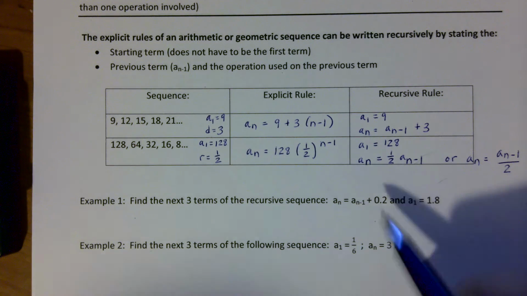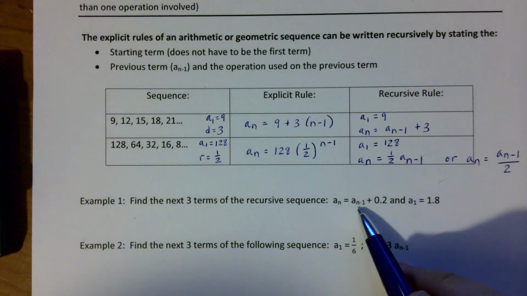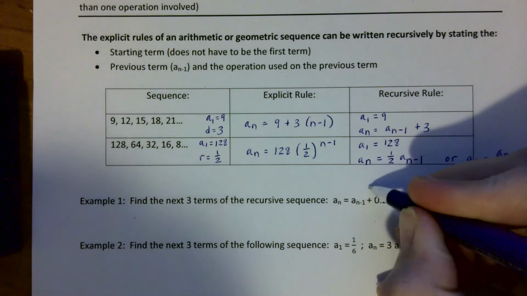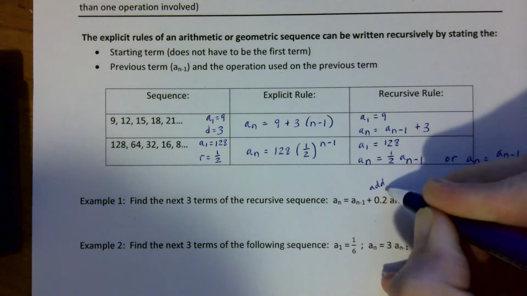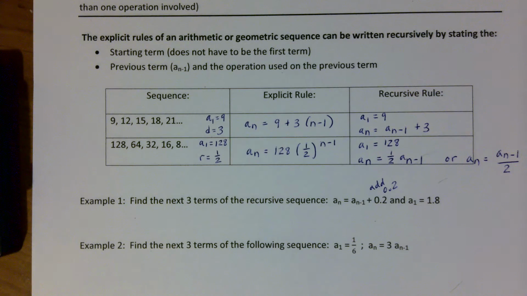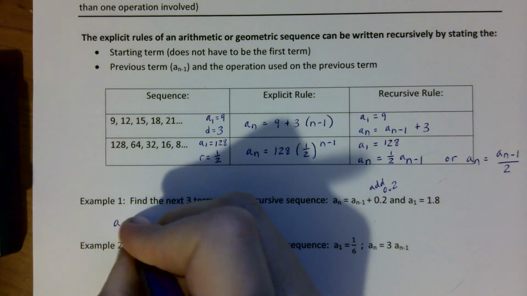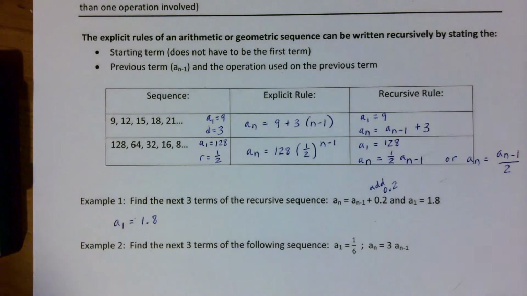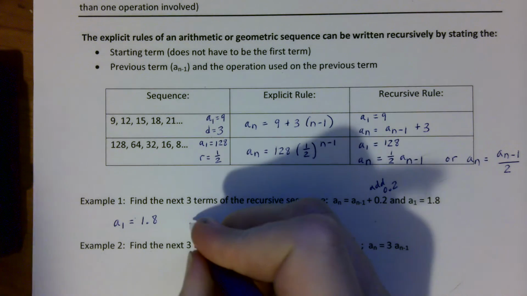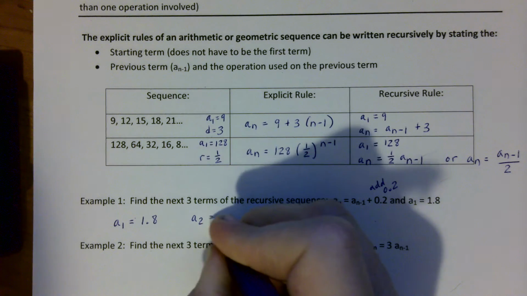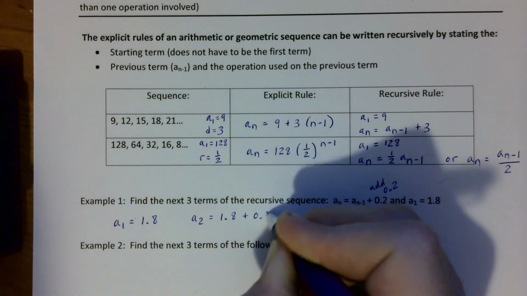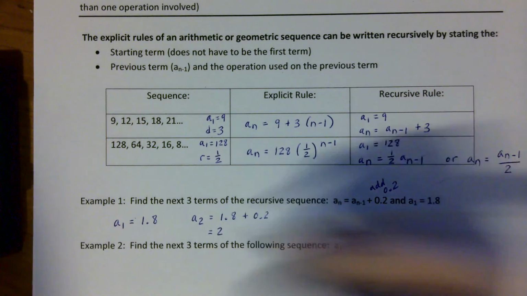Okay, so let's take a look at this. What's happening here? I have a previous term and I'm adding 0.2. So our pattern is that we are adding 0.2. That means this is an arithmetic sequence. So if our first term is 1.8 and my pattern is I add 0.2 to the previous term, my second term is going to be my previous term and I add 0.2, so that gives me 2.